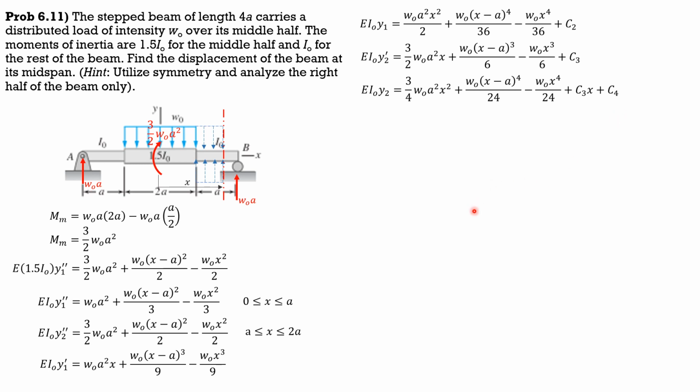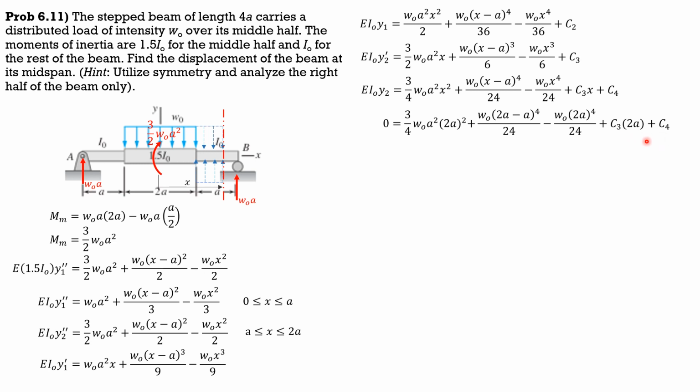So that's it. Then, when x is 2a at b, y2 is 0. So 0 equals 3/4 w0 a squared (2a) squared plus w0 (2a minus a) to the fourth over 24 minus w0 (2a) to the fourth over 24 plus C sub 3 times 2a plus C sub 4.